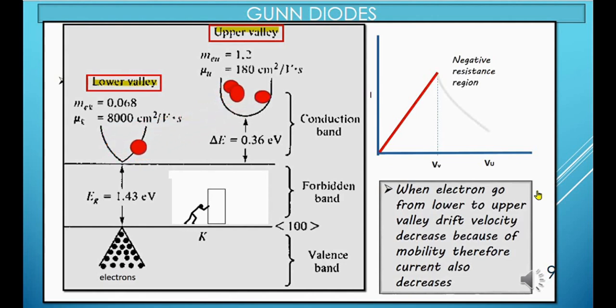But even though electrons are going to higher energy states, current decreases because there is less mobility. Mobility is directly proportional to drift velocity, and drift velocity is directly proportional to current density by the formula J equal to nqVd. So when drift velocity decreases, current decreases. This is called the negative resistance region.